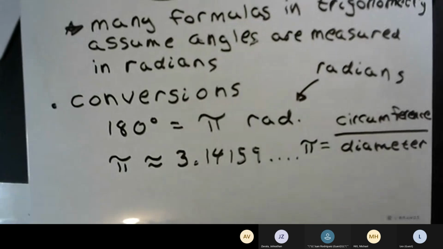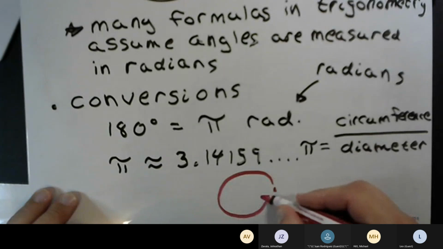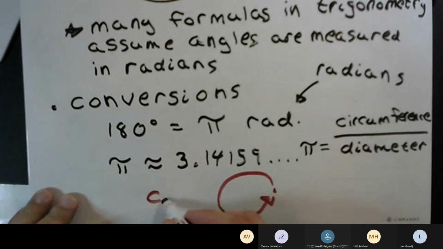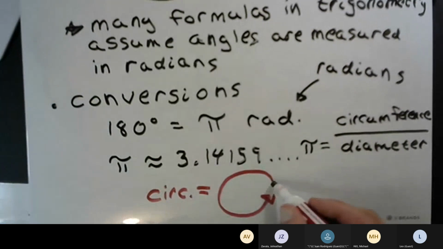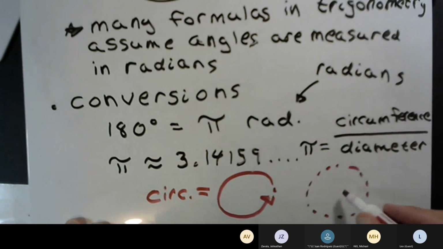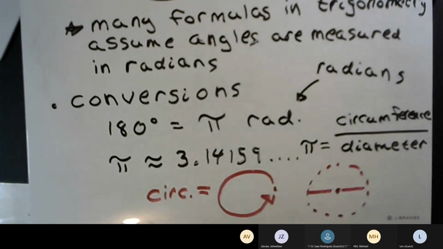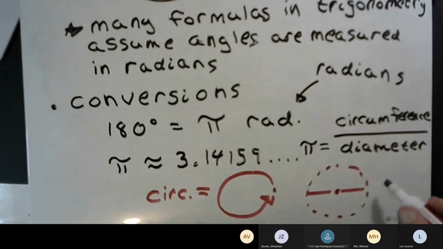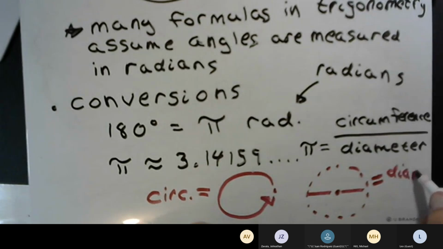The circumference is the arc length of an entire circle. We'll abbreviate circumference. If you measure all around the outside of a circle, that's circumference. And the diameter is the width of a circle. You have to make sure it passes through the center of the circle. That's the diameter.